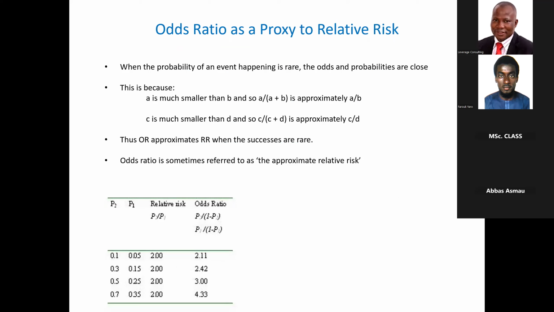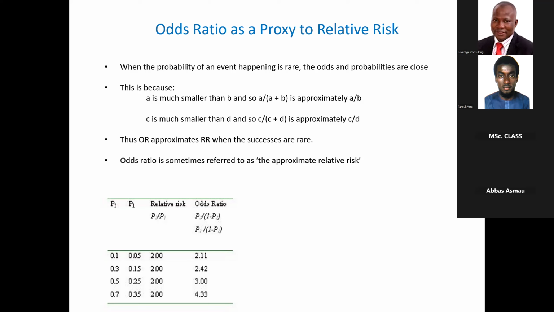So let's talk still further. Odds ratio is a proxy to relative risk in the sense that you only calculate odds ratio when you cannot calculate relative risk and you still want to know the risk. You are still estimating the risk, but you are using odds ratio instead of relative risk.